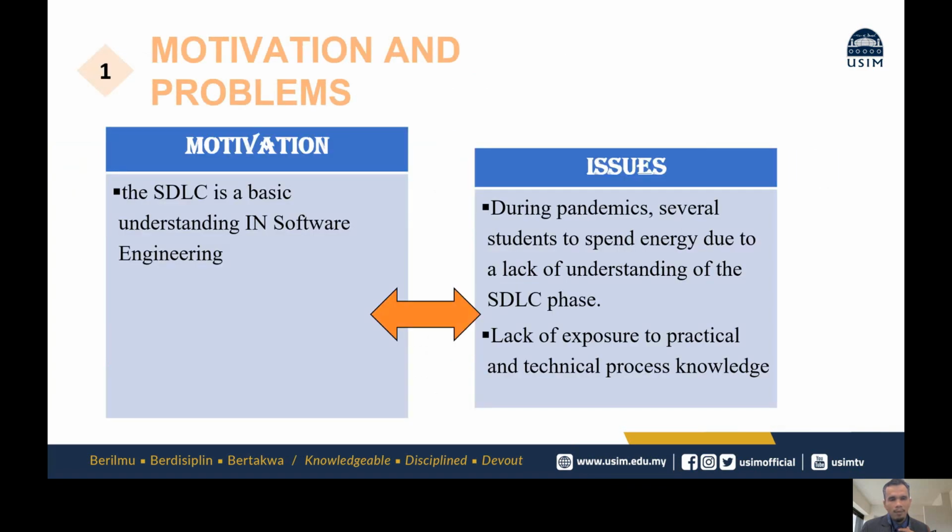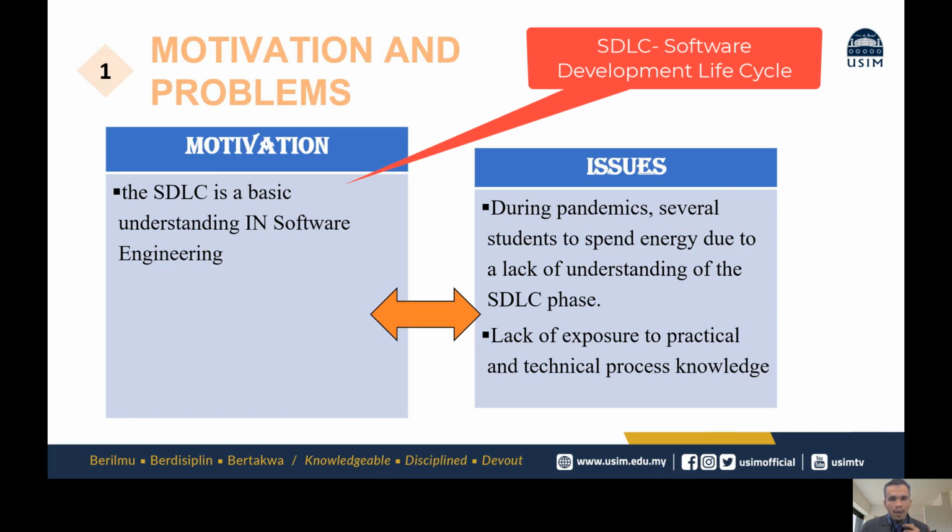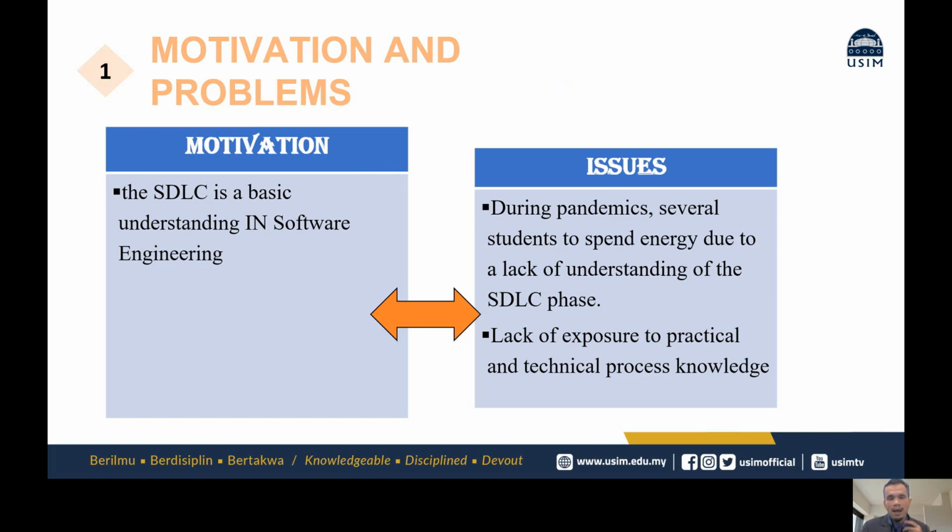It starts with the motivation and problems. For the motivation, we emphasize the SDLC because the SDLC is a basic understanding in software engineering. All students in science and technology should know each of the phases of the SDLC.